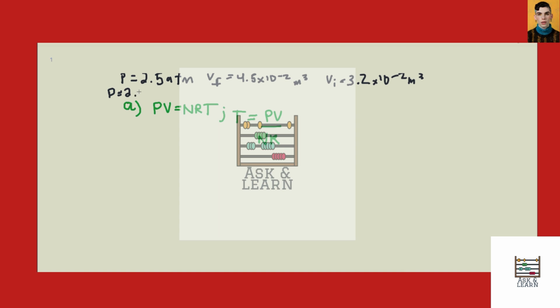So 2.5 atmospheres, and then we want to multiply it by 1.03 times 10 to the 5 pascals per atmosphere.